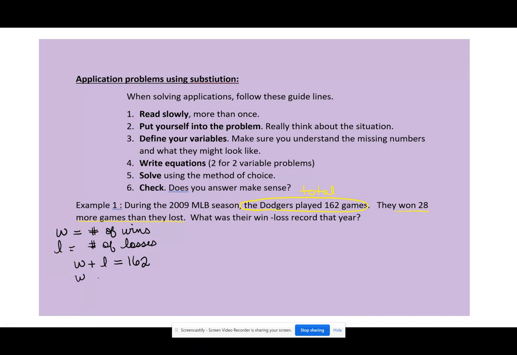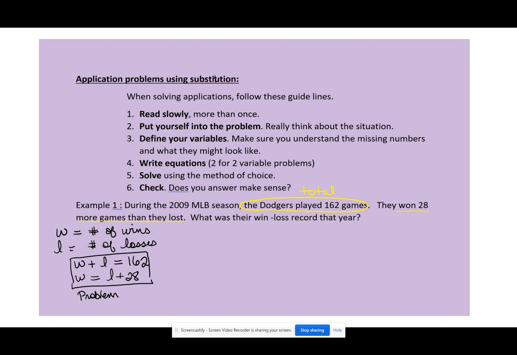So the win number is the big one, and it's the loss number plus 28: W equals L plus 28. And there's my problem. Now I use the solving method that I know how to do, which is substitution.